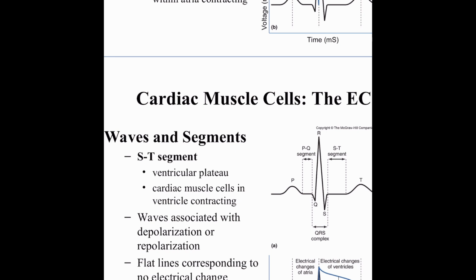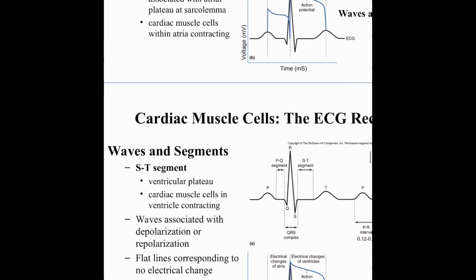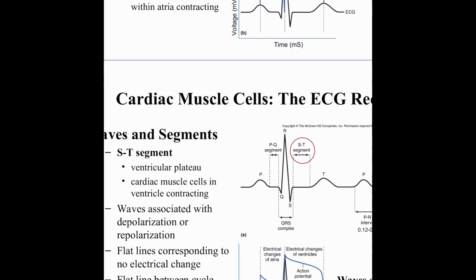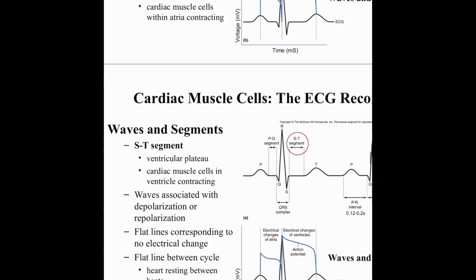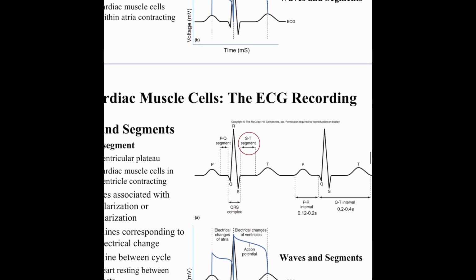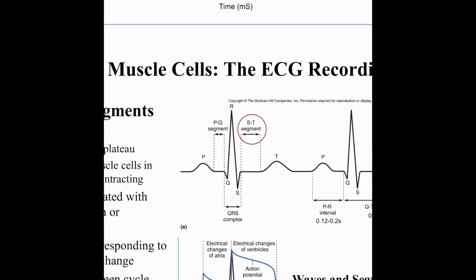So at our cardiac muscle cells, that is the plateau, as the prolonged action potential caused by the Ca2+ flow. And that's the cardiac muscle cells within the atria contracting, right?